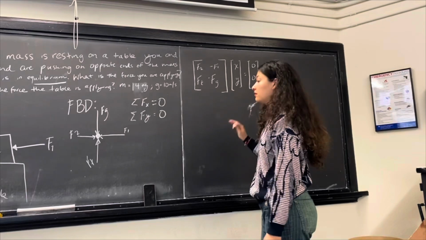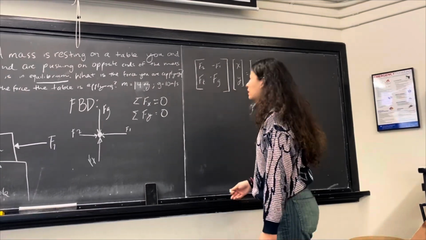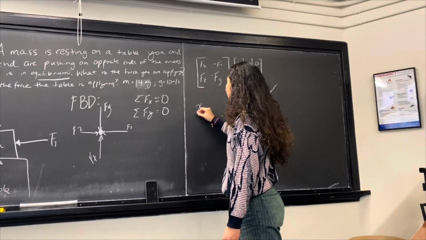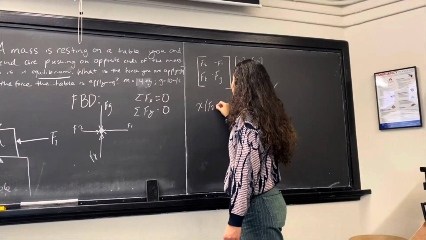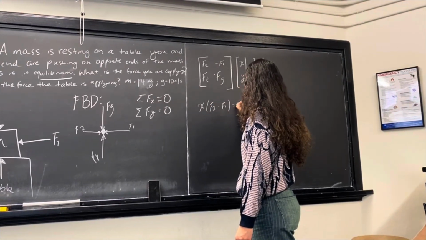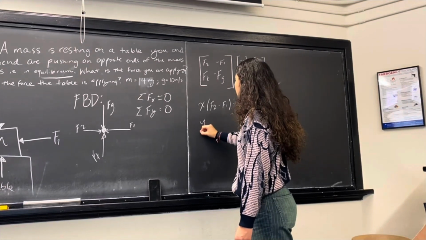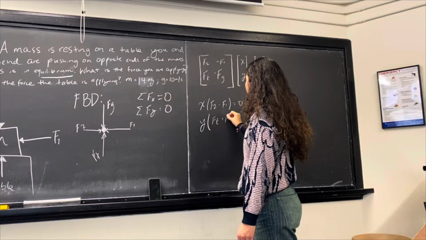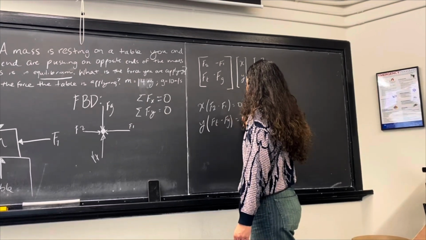So from here, this is a very, very simplified problem, just to kind of get the concept down. But we see that for x, F2 minus F1 is equal to 0, and for y, F table minus F prime is equal to 0.